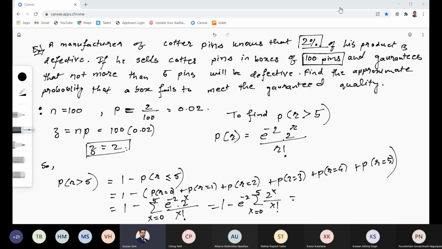So the answer for this is 0.0165. So this is the probability that a box will not meet the guaranteed quality. Okay, fine. So let's go to the next example.